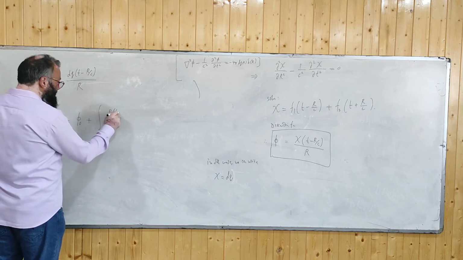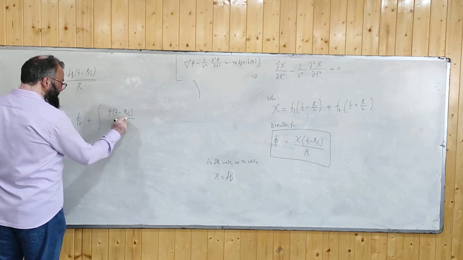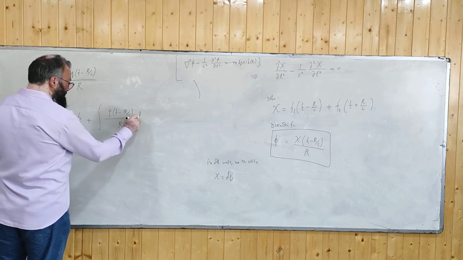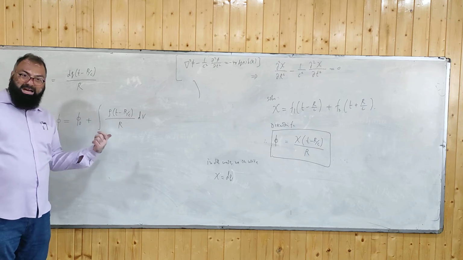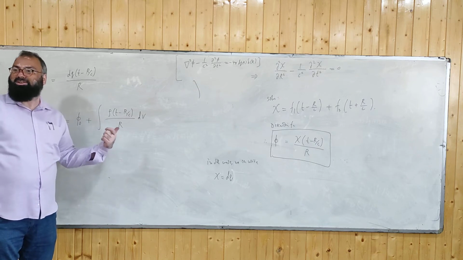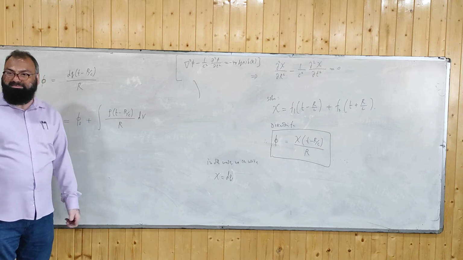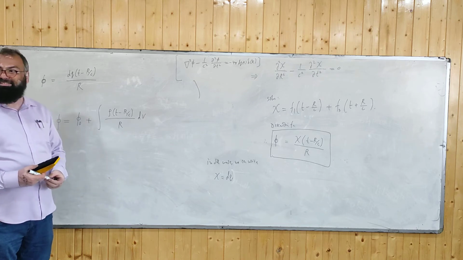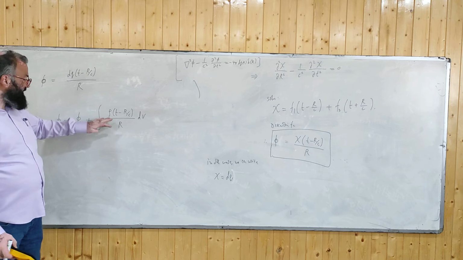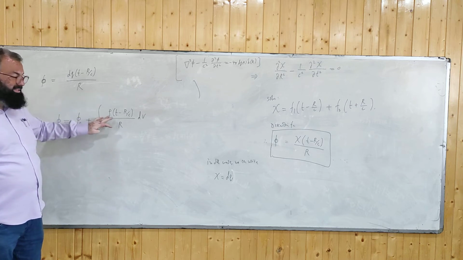Rho of t minus r by c divided by r dv, where you are integrating over a volume where the charge is defined, is it? So, samajh aa? You got it? It's simply the superposition. Have you got it? How can we define the charge density?